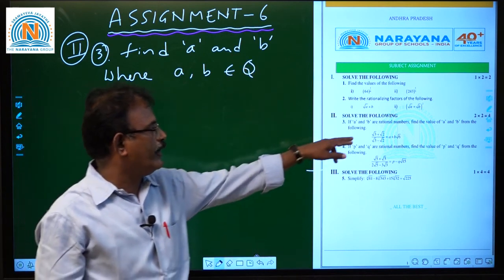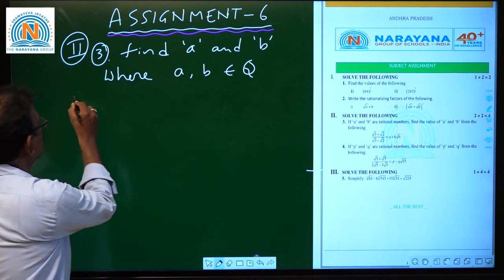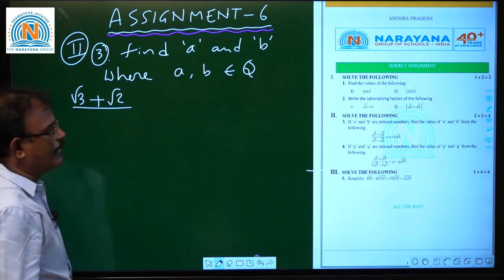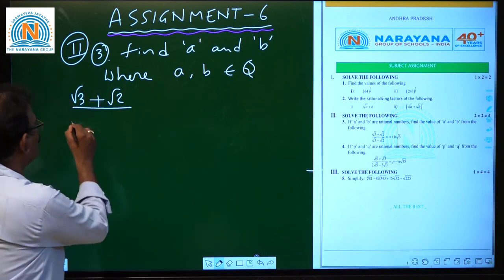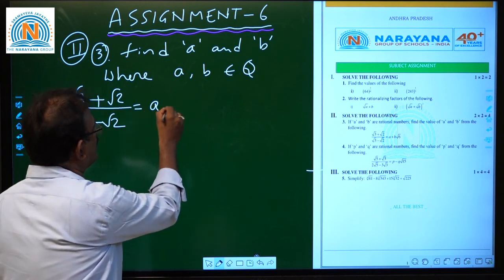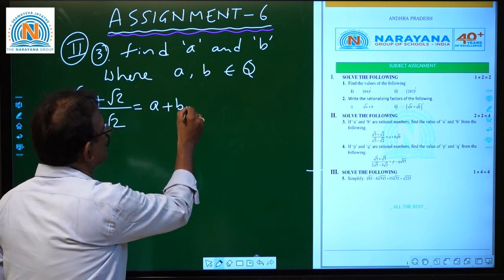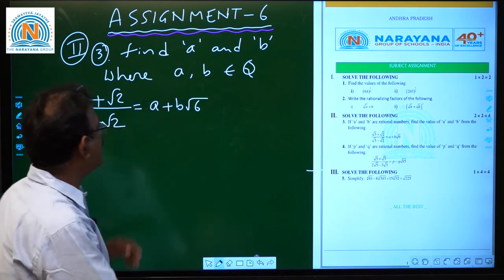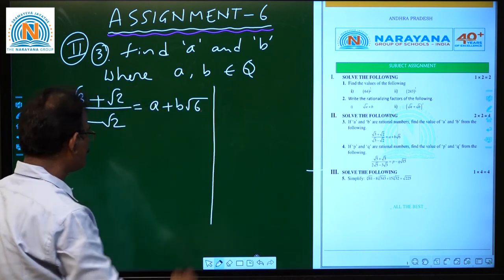What is the identity they have given? (Root 3 plus root 2) divided by (root 3 minus root 2), when its value becomes a plus b root 6. A plus b root 6. This is the identity they have given, children.